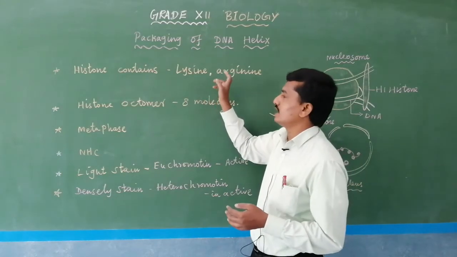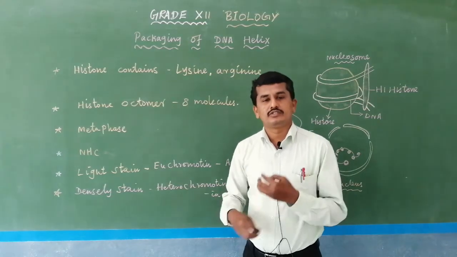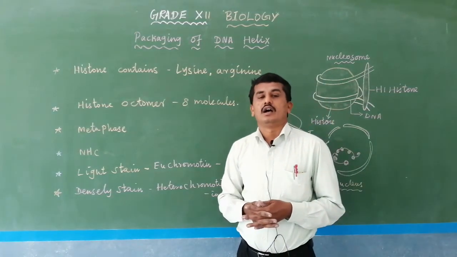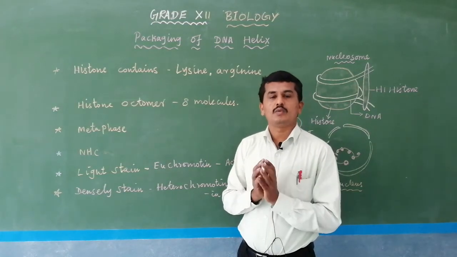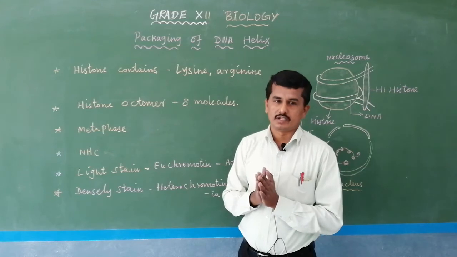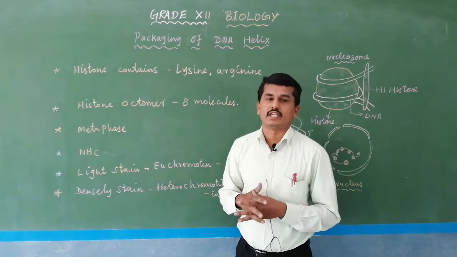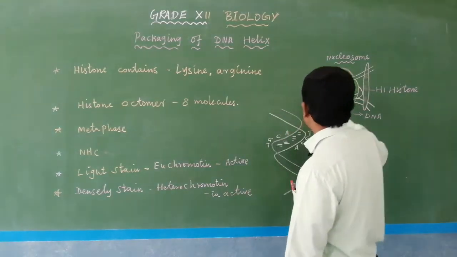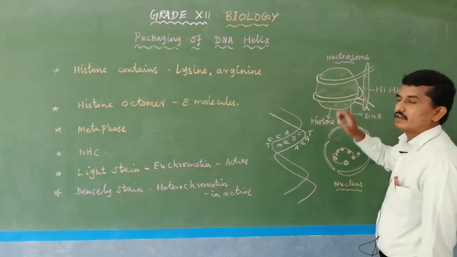Lysine and arginine are basic amino acids, and joined together they form a positively charged protein. So the histone becomes positively charged due to the presence of lysine and arginine. Then the histone octamer, this is the center part of the histone. Histone is a collection of 8 molecules.